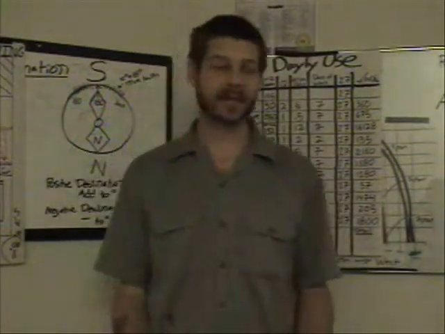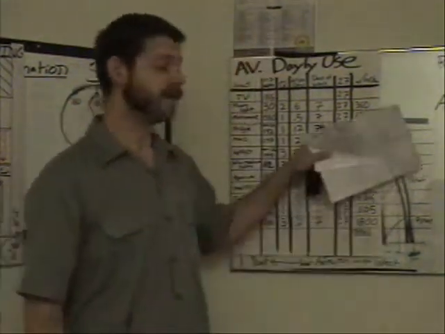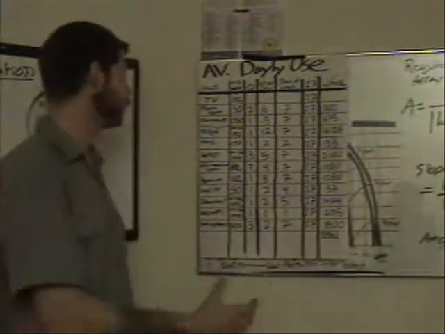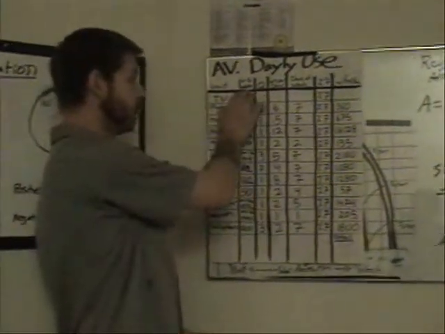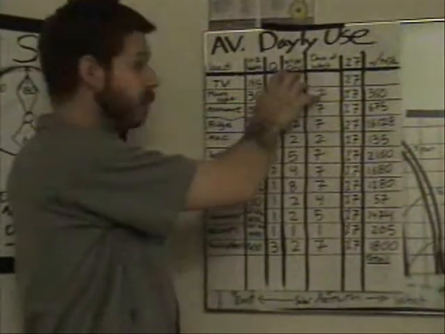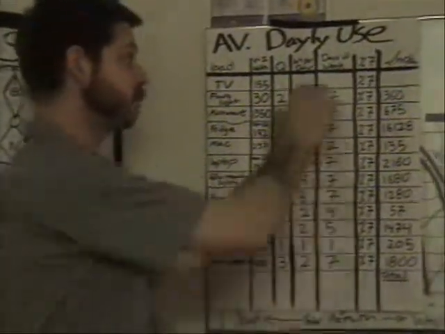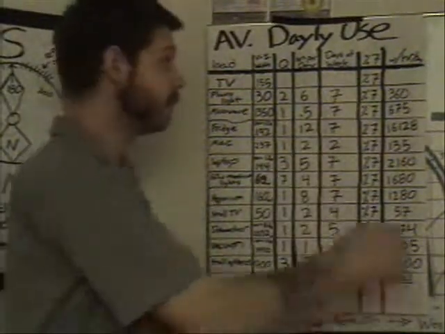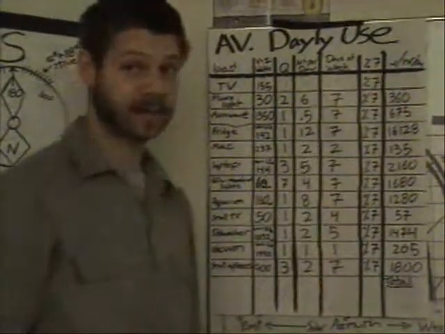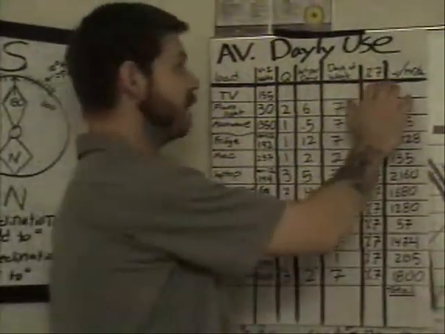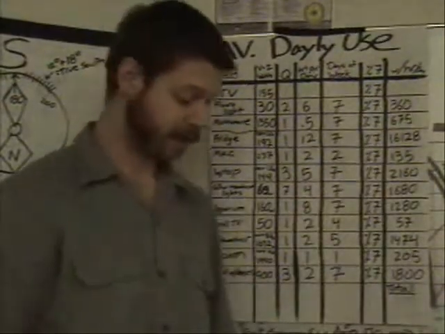The other way to do this is you create a daily use chart. And the formula for this is your load in watts multiplied by the quantity of those loads, multiplied by the hours of the day that you use that, multiplied by the days of the week that you use that, divided by 7, which is the days of the week, and then that'll get you watt hours per day.